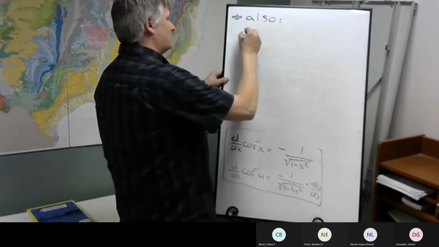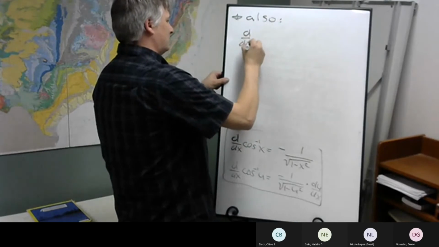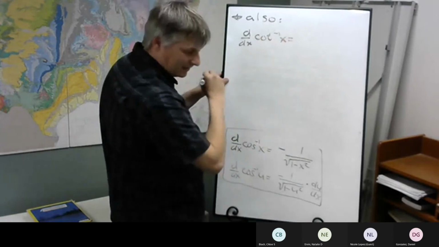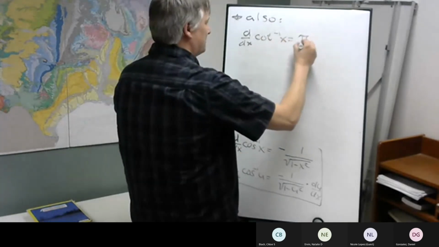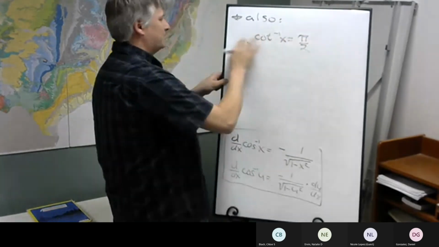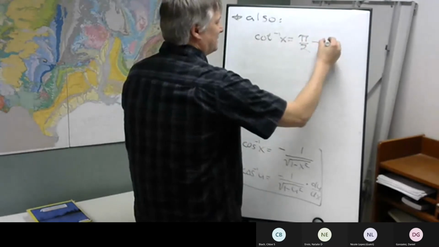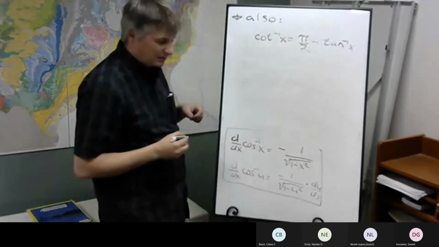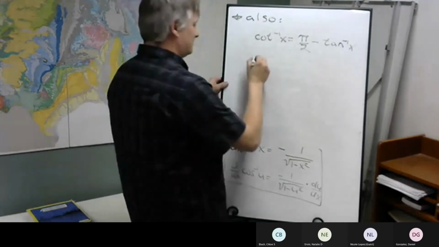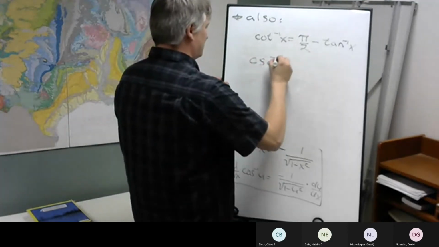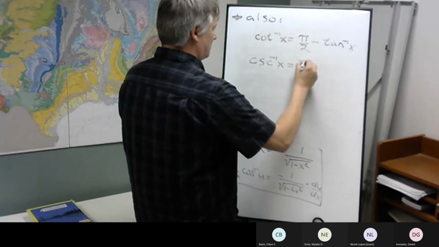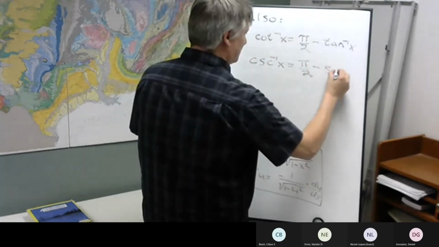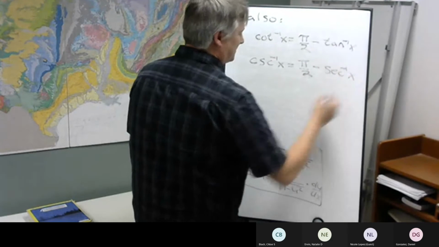So cotangent inverse is pi over 2 minus tangent inverse of x. Oh, sorry, I'll put the derivative. For cosecant inverse, it's pi over 2 minus secant inverse of x.